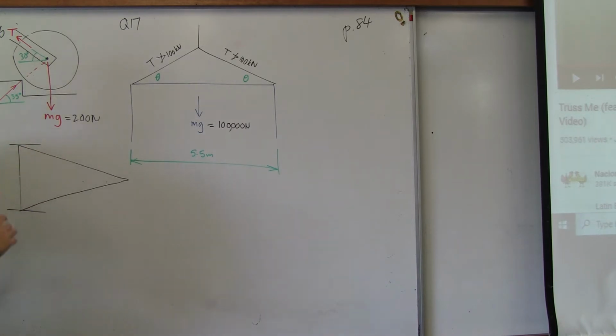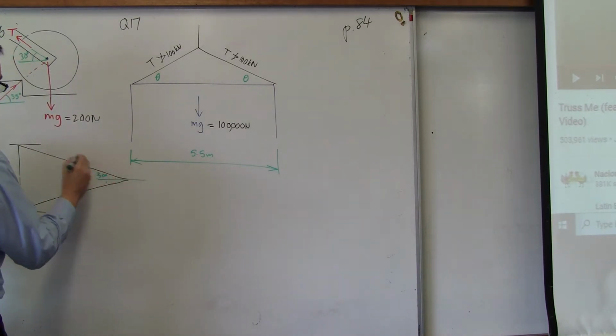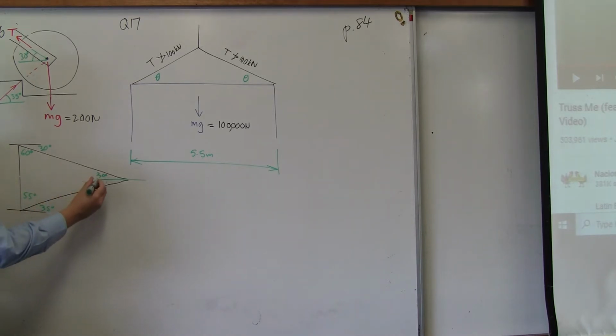If this is 30 degrees, this is going to be 60 degrees. If this is 35 degrees, then this is going to be 55 degrees, and this is going to be 35 degrees.